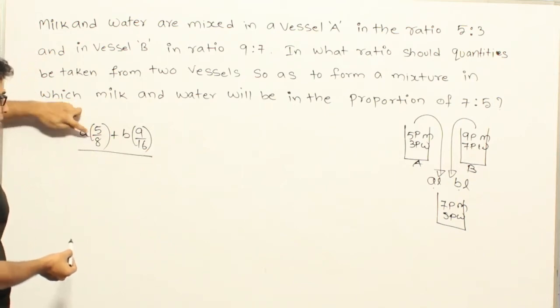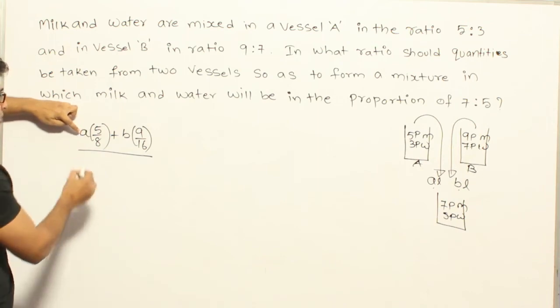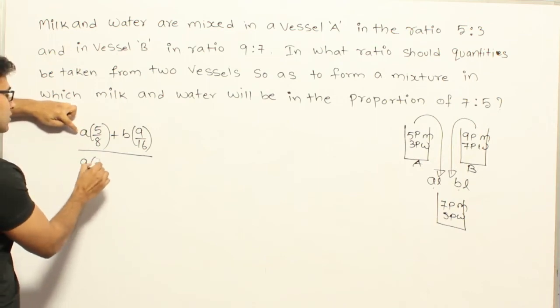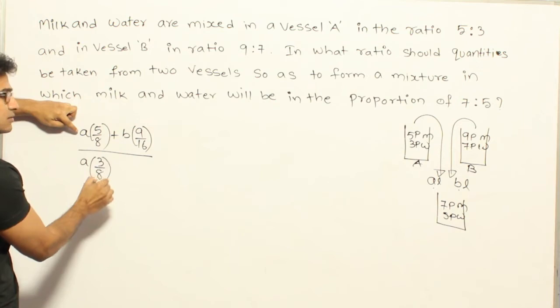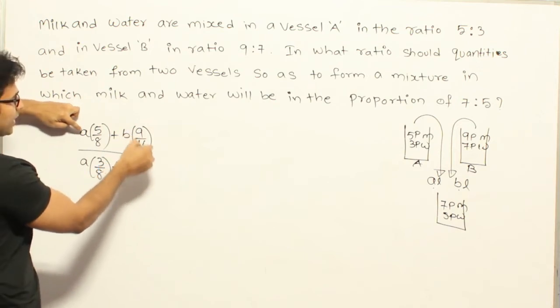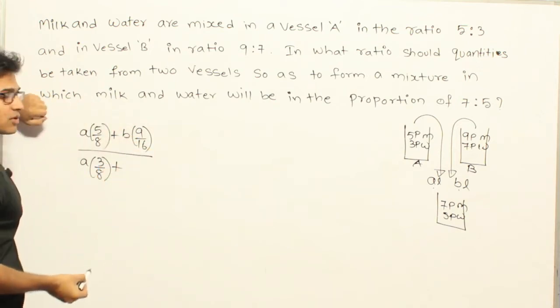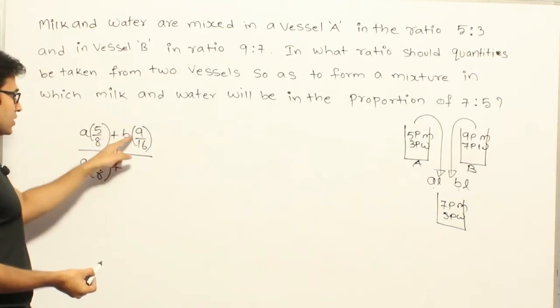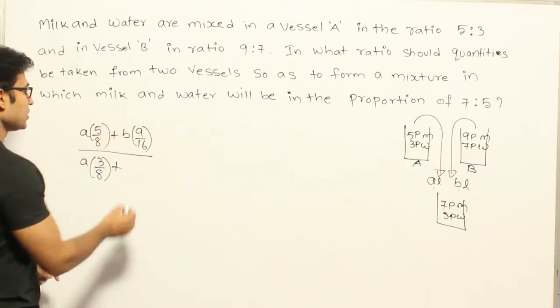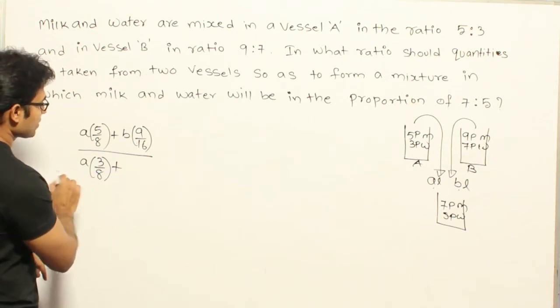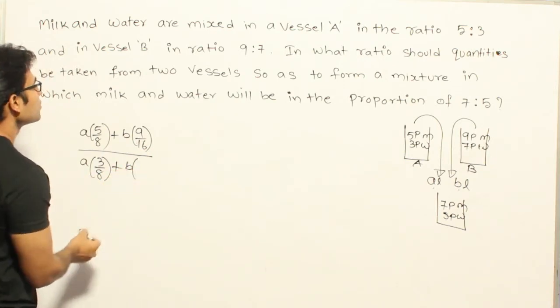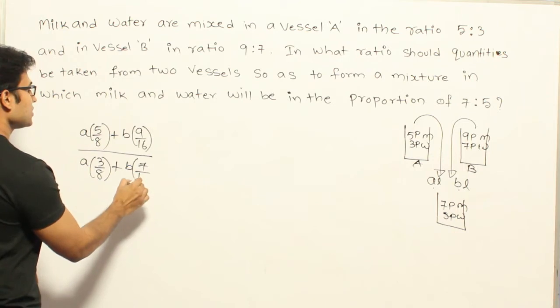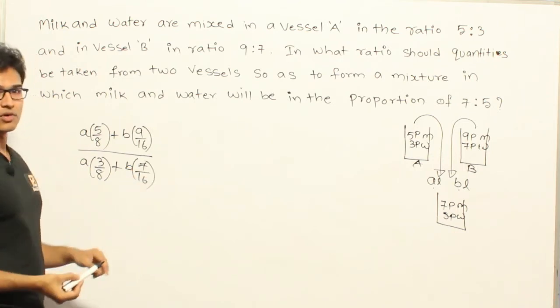If 5/8 of A is milk, then obviously the water is the remaining 3/8, right? Plus if 9/16 of B is milk, the remaining is water, so 1 minus 9/16 gives 7/16. So B into 7/16 is going to be water.